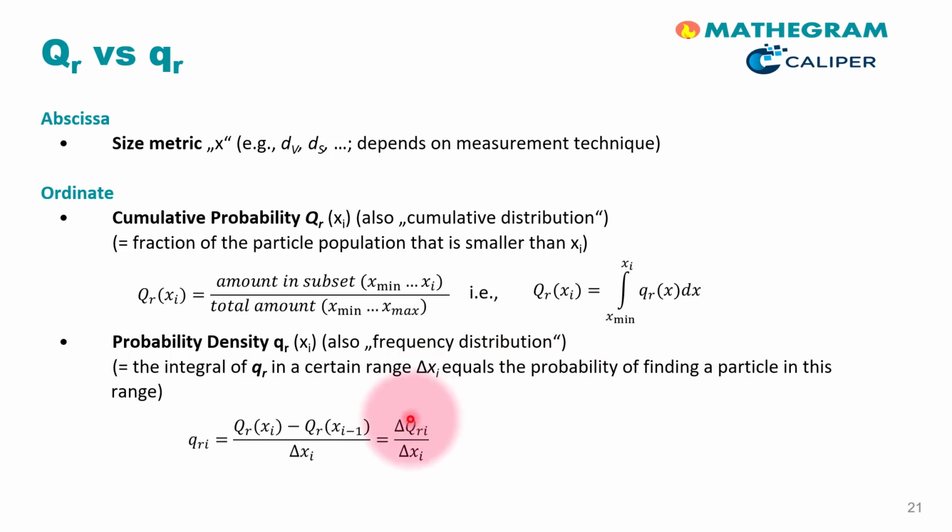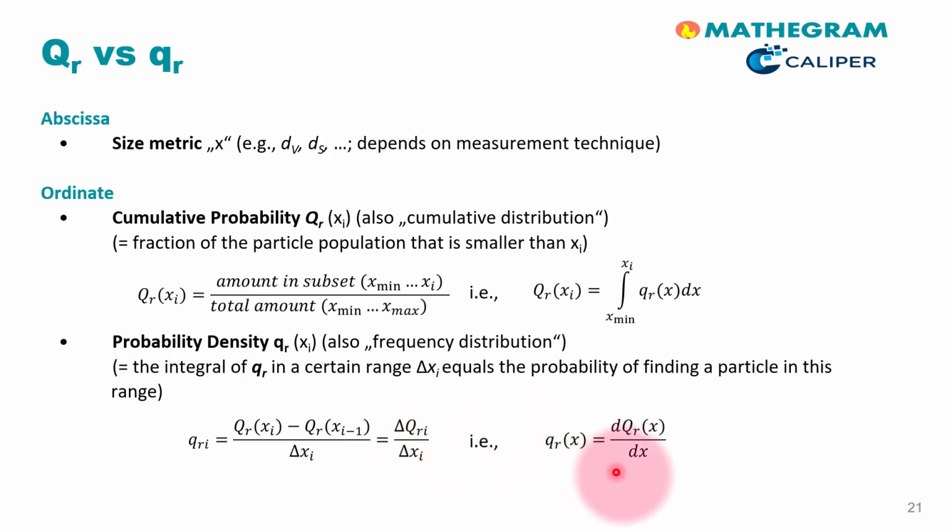This probability can be interpreted as the chance of finding a particle in the size range delta xi. Using mathematics, we can formulate this by this expression, which states it in an inverse way. If we want to determine the probability density, we have to divide the probability in a class, denoted as delta qri here, by the range of this class delta xi.